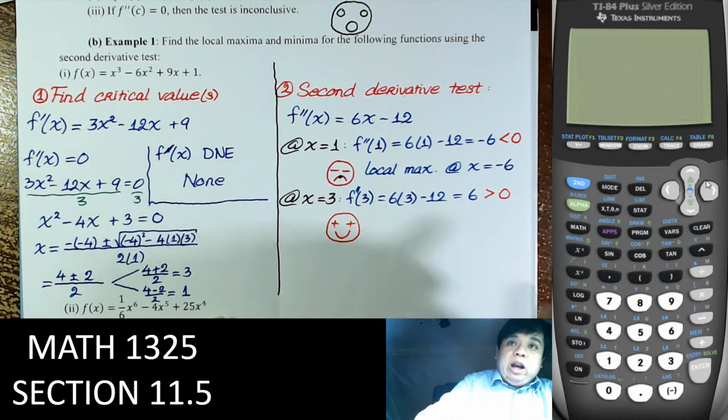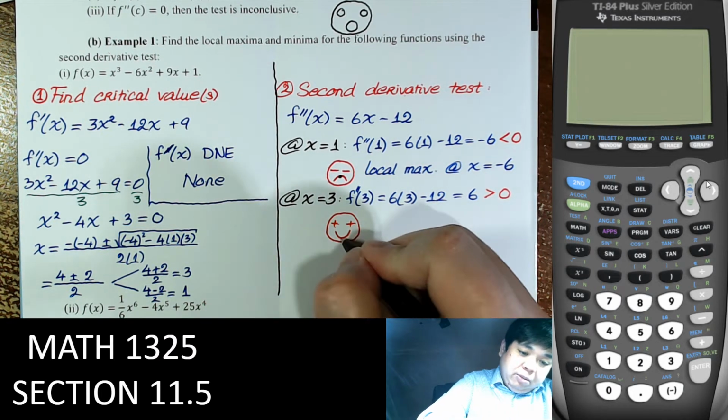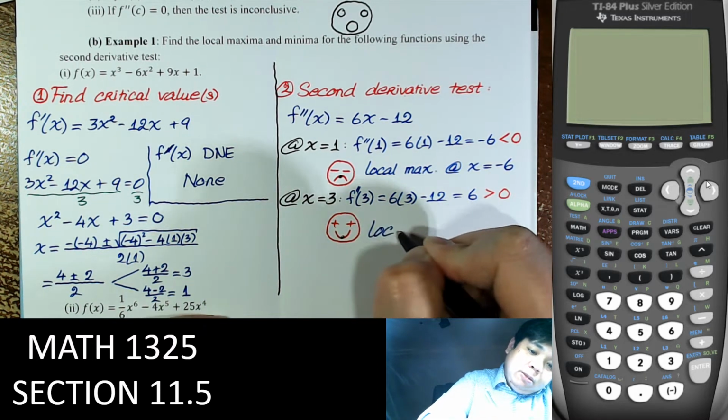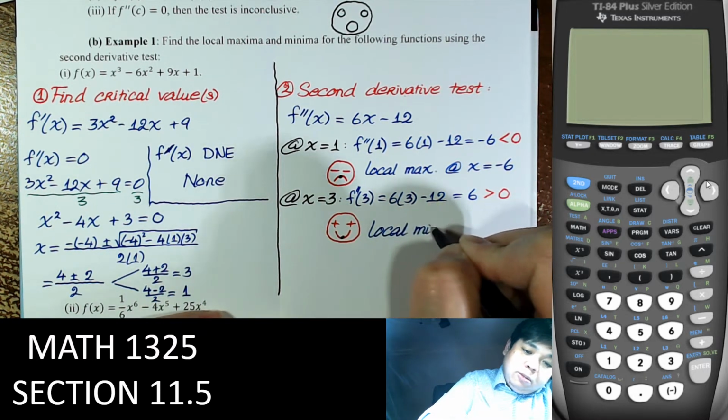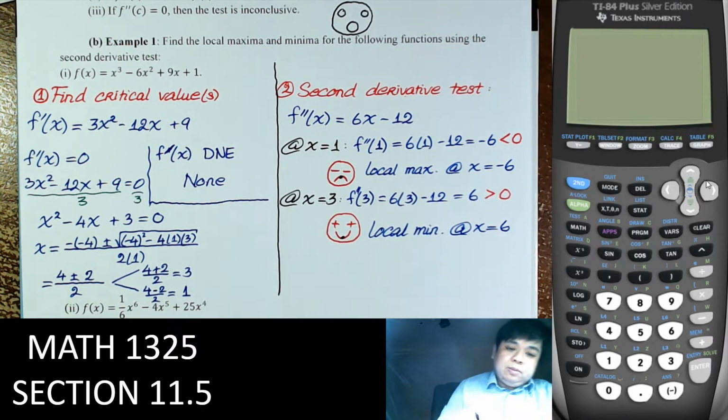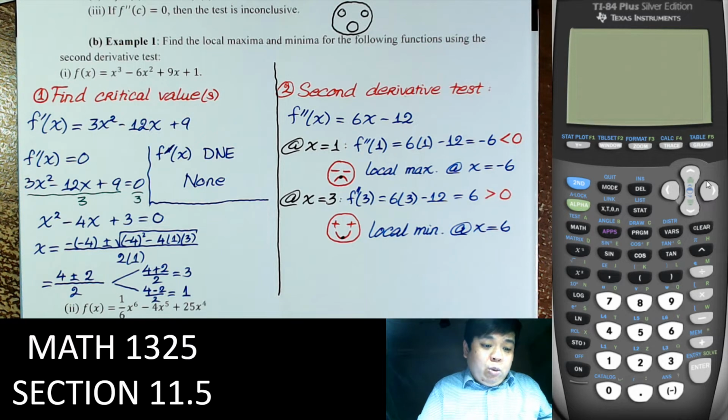The function is concave up, and there will be a minimum. So we say local minimum at x equal to 3. Right, so we say local maximum at x equal to 1 and local minimum at x equal to 3.